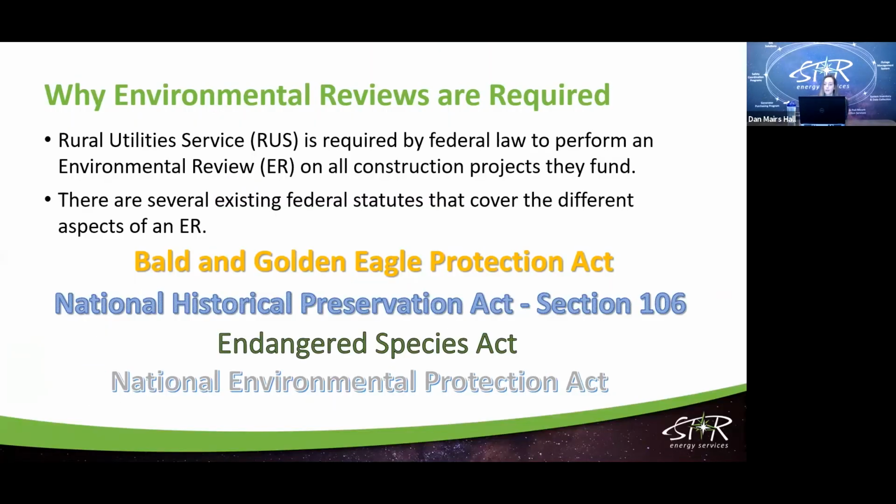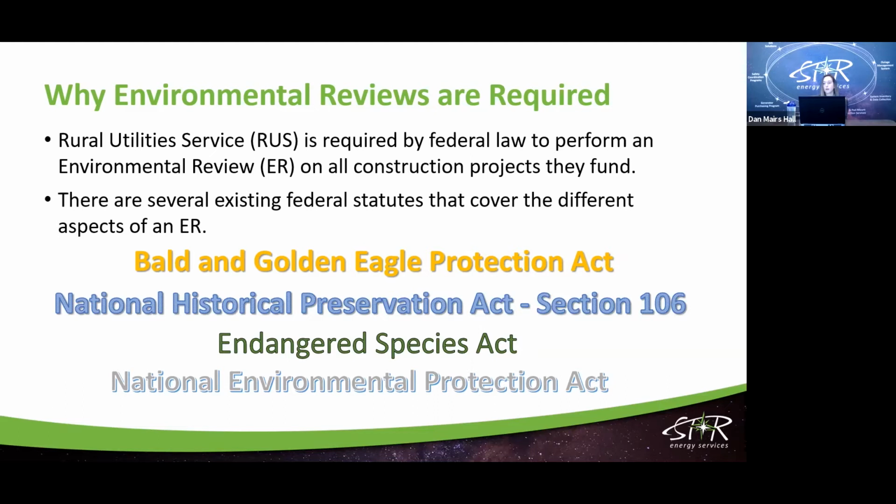Starting out, why are environmental reviews required? RUS, Rural Utility Service, is required by federal law to perform an environmental review, also known as ER, on all construction projects that they are going to fund. Most of us, when we think of an ER, think of just Section 106 review.